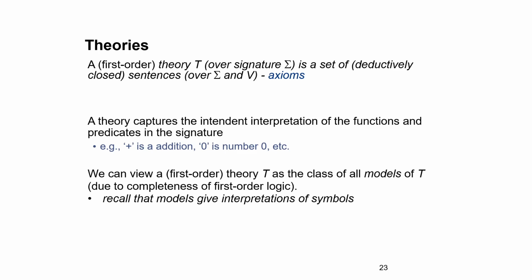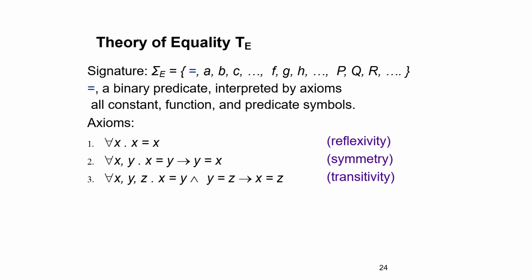Otherwise, you couldn't really give interpretations. So a theory gives you a huge set of different models, because all you require from the models is that, if they belong to one theory, they must satisfy the axioms of the theory. And we will look at some examples.